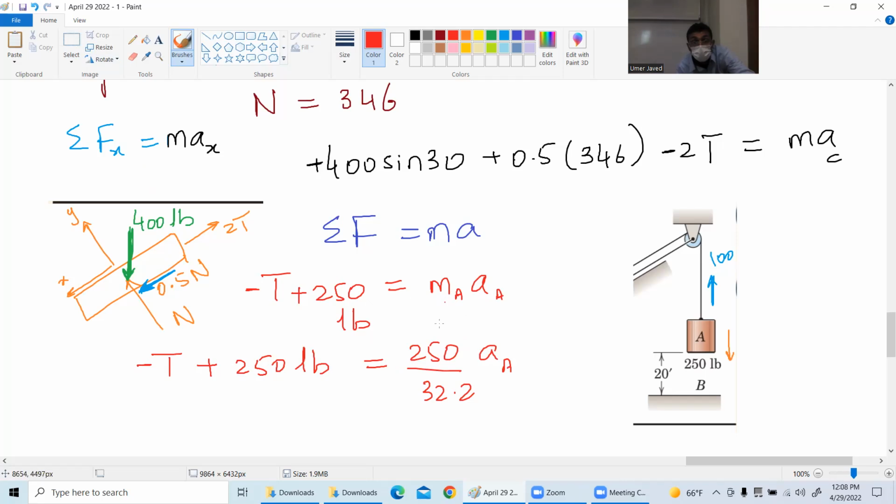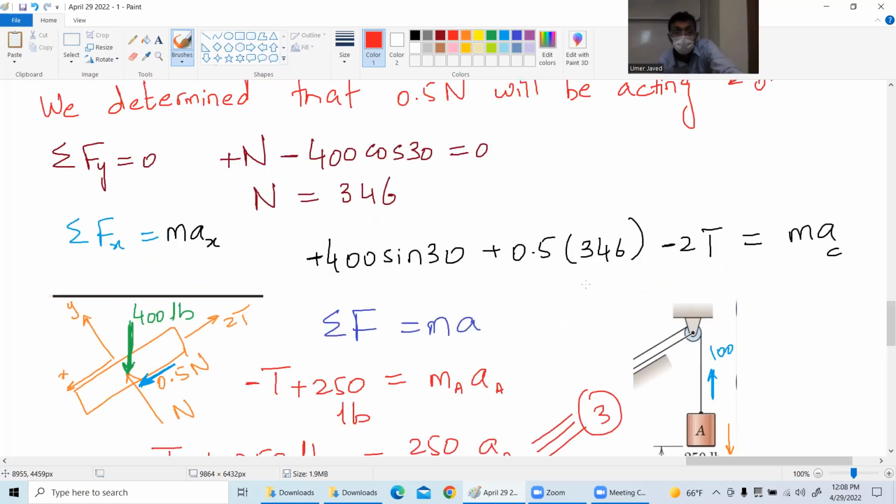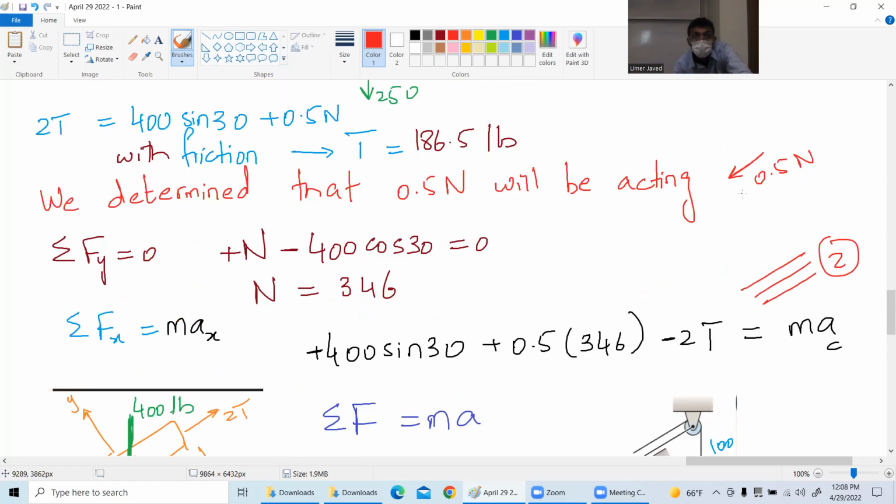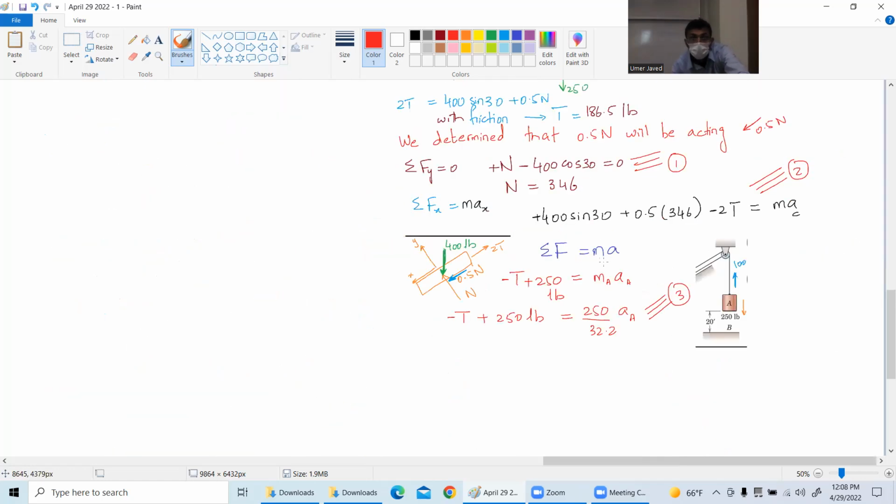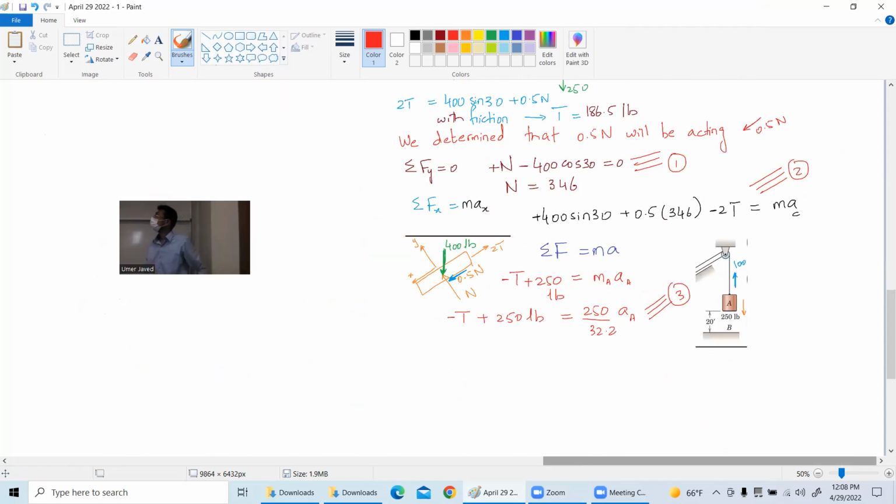So now let's name the equations as 3. Then name this as equation 2. And then let's name this as, please bear with me and give me 1 minute. Okay. Now I will leave it here for our students to copy.